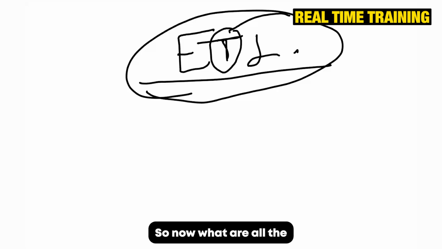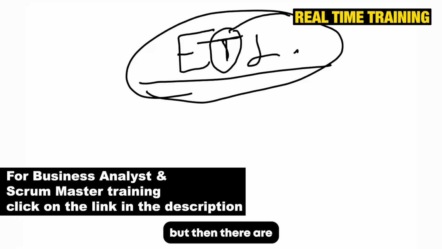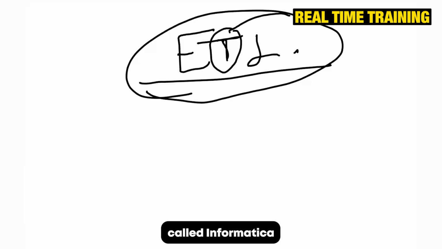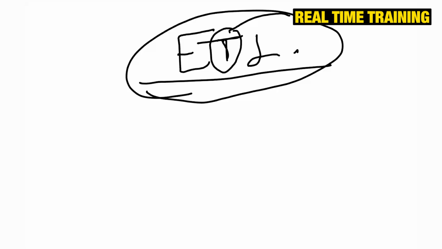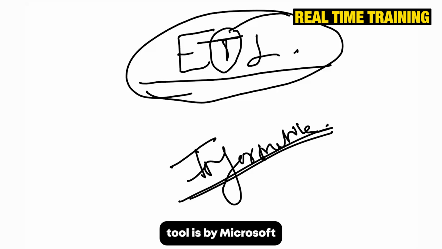So now, what are all the tools used to do ETL? ETL might look like a simple process, but there are specialized developers for ETL. They are called Informatica developers, who specialized in the Informatica tool. You might have heard of it. Another tool is by Microsoft, SQL Server Integration Services.